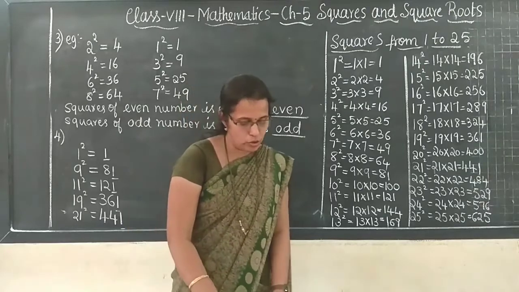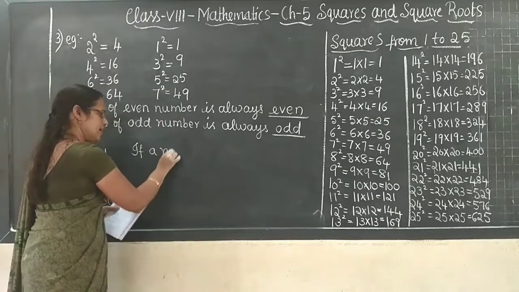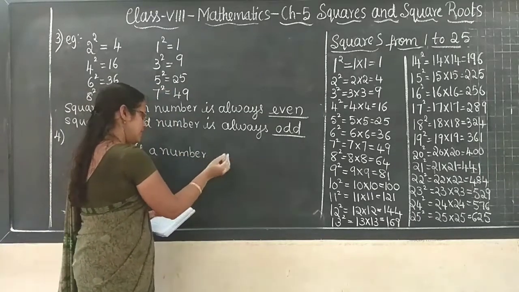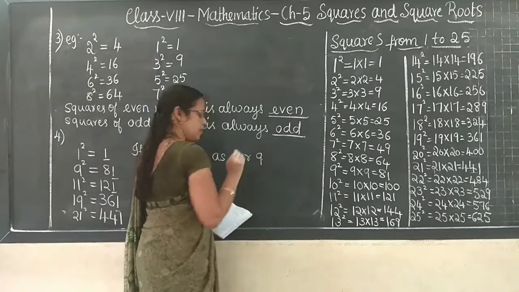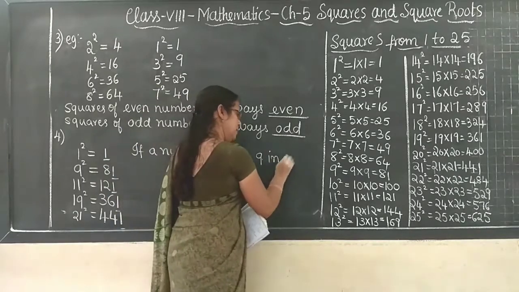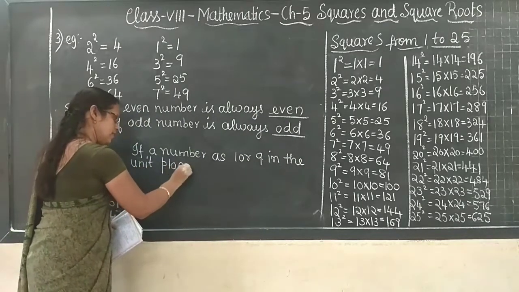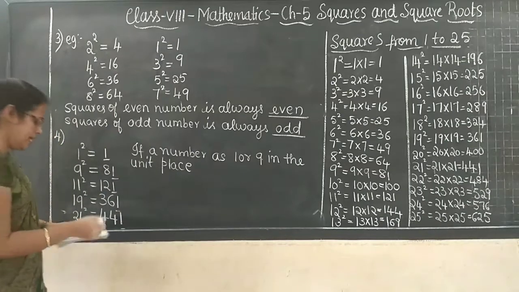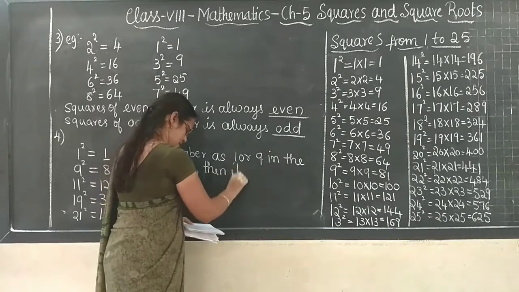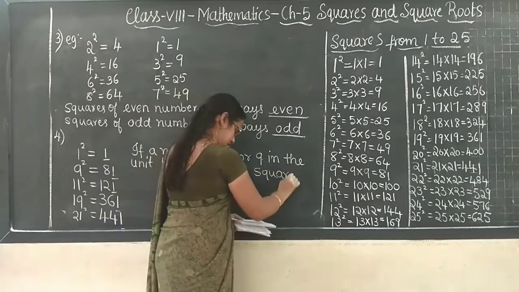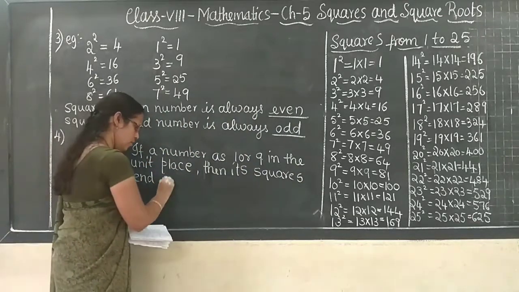Okay, children? So that we have to write as another property. If a number has 1 or 9 in the unit place, then its square ends in 1.